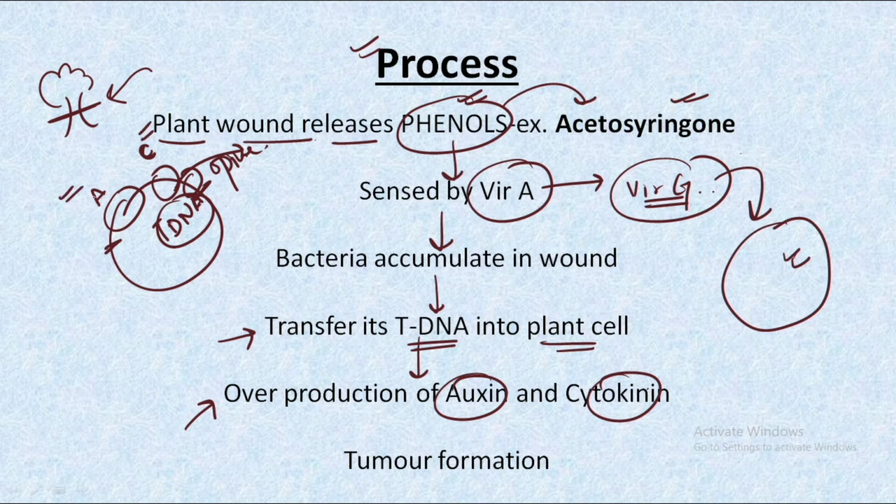As we know, auxin and cytokinin are plant hormones that activate cell division and cell elongation in the plant. Because of overproduction of these phytohormones, there occurs unlimited growth of cells in the area of the plant where the bacteria have infected. Because of this overproduction of cells, there occurs the formation of a tumor.